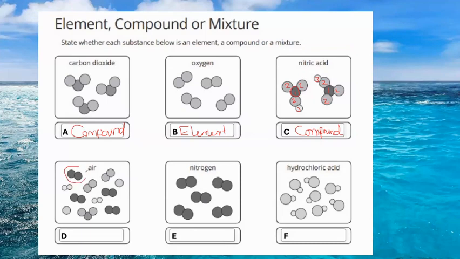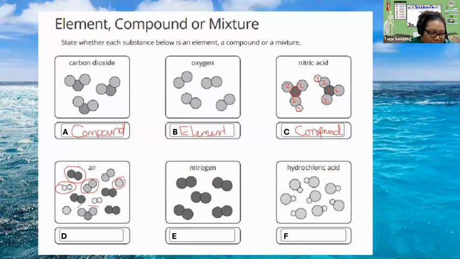Y'all telling me y'all can see 3 different things, right? So we got one substance here, we got another substance here, and we have another substance here, and guess what? We got another one here, and we got another one here. So we got all kinds of different substances. This one here is an element.